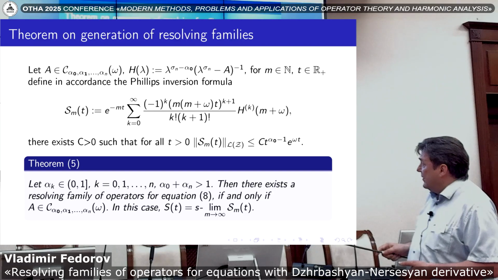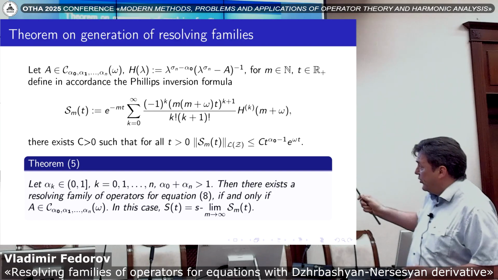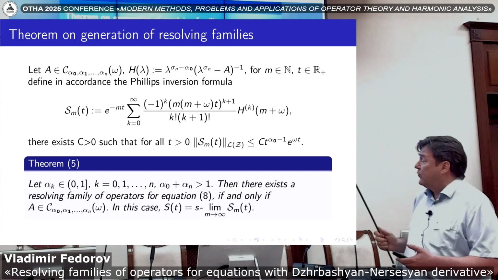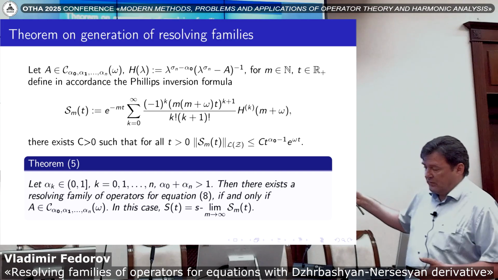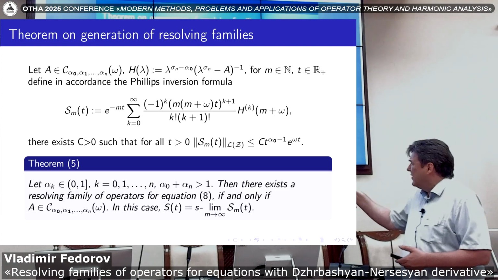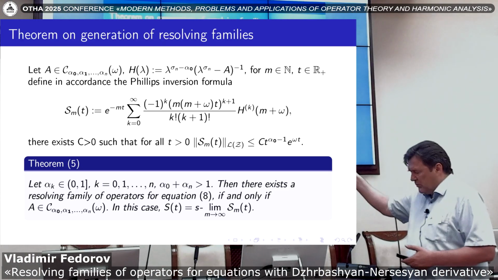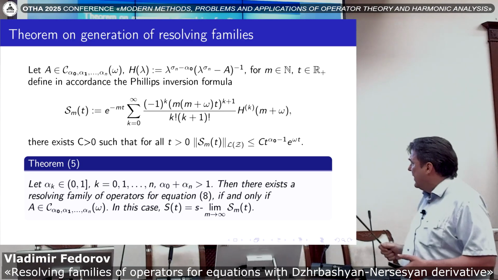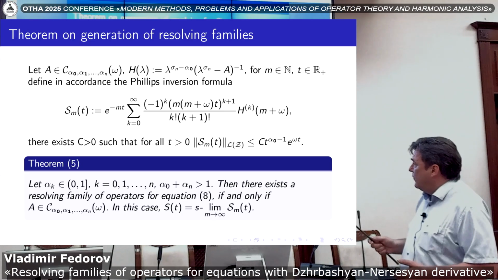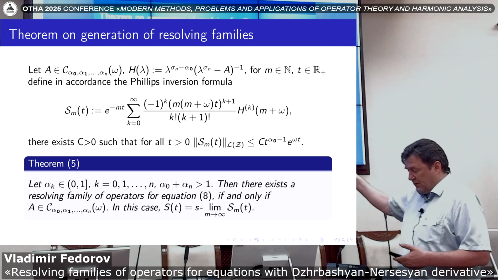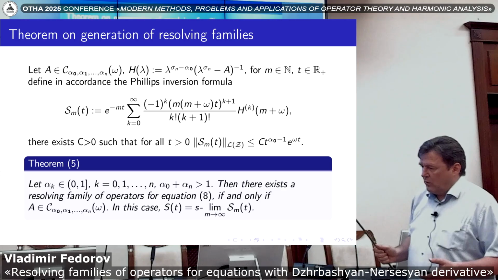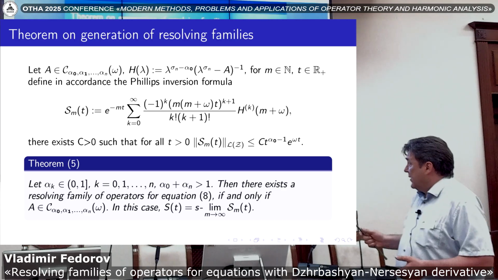We take such operators and prove the existence of the strong limit of these operators as m tends to infinity. And we will prove that this strong limit has all the properties of a resolving family.